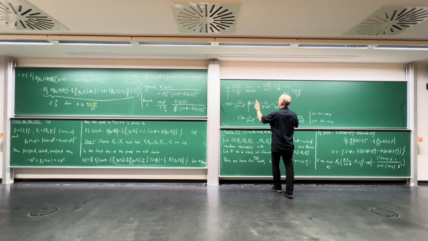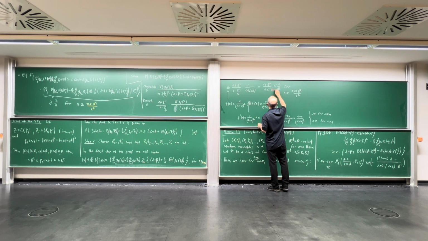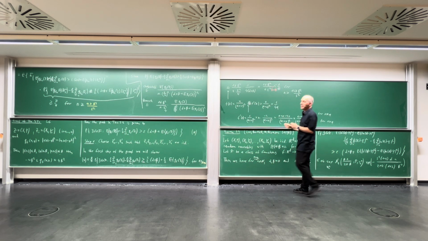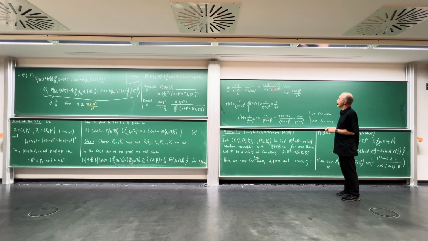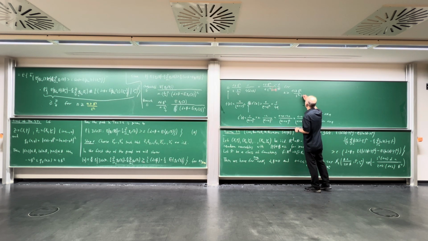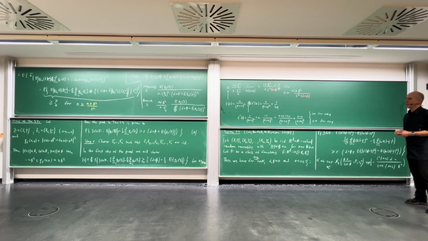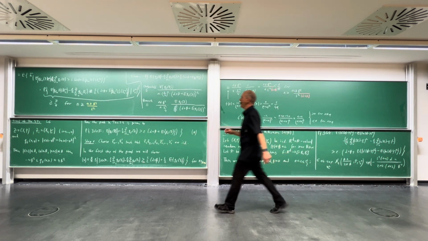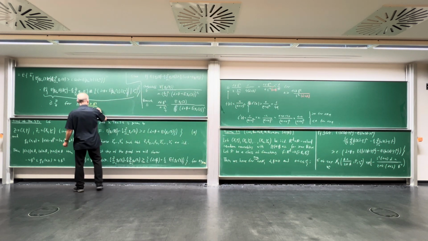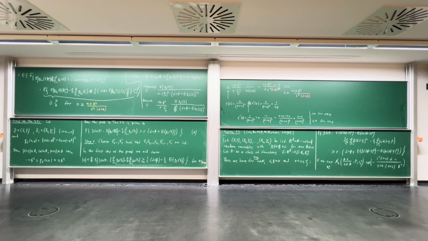And the alpha plus beta will be here, correct? So it must be also here, and it should be written here too.